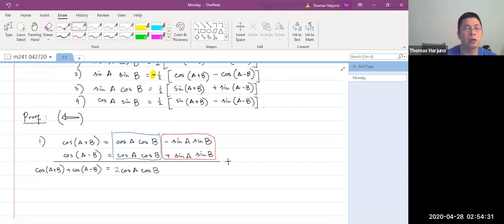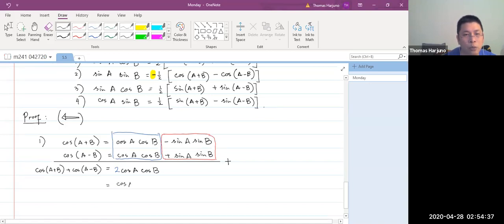So then, if I continue on the last step here, if I divide both sides by 2, I will get 1/2 of that cosine sum plus cosine difference. Okay? Now that's the proof for the first one.